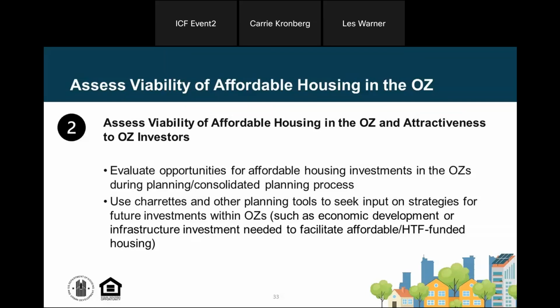And then any identified opportunities could inform and be a component of the grantee's overall comprehensive housing affordability strategy that's outlined in the consolidated plan. Grantees could also use charrettes and other planning tools to seek input on strategies for future investments within opportunity zones.